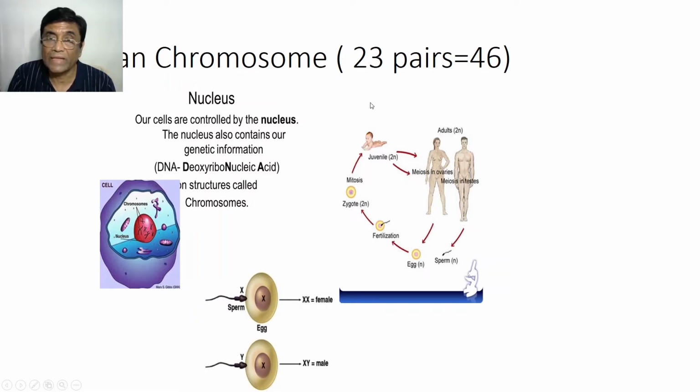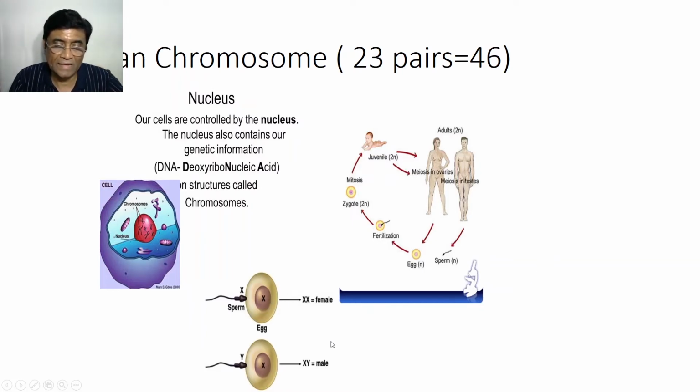This baby will again have 23 pairs or 46, to ensure that the meiosis halving of the chromosomes takes place. It's a beautiful way of Mother Nature's designing, no?